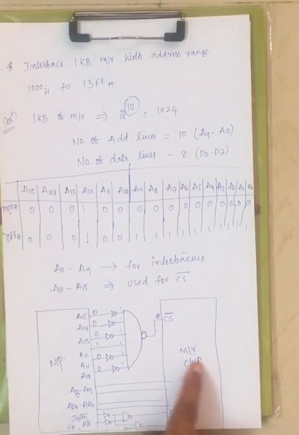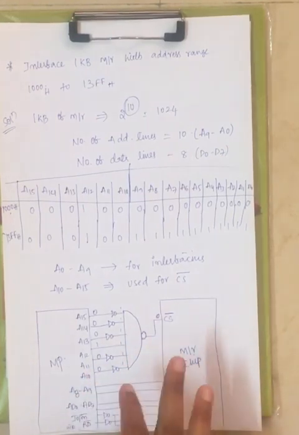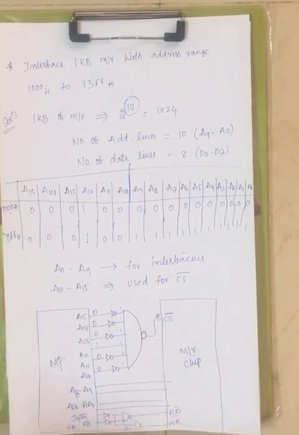If it is memory read, both should be inverted, NAND gated and connected to the read signal. If it is memory write, this and the write signal should be inverted, NAND gated and connected to the write signal. Now this is the basic operation of interfacing your microprocessor with the memory.